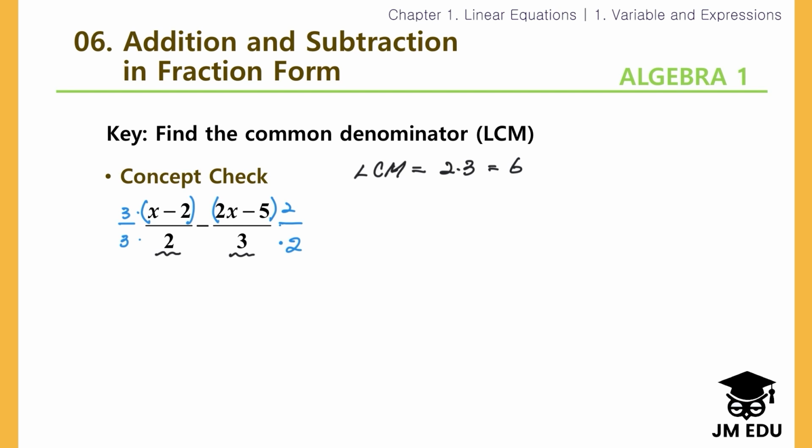right? So let's rewrite this expression right here. So this expression is equal to 3 times x minus 2, minus 2 times all of this expression, so 2 times 2x minus 5, right?